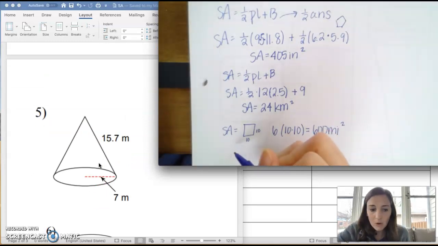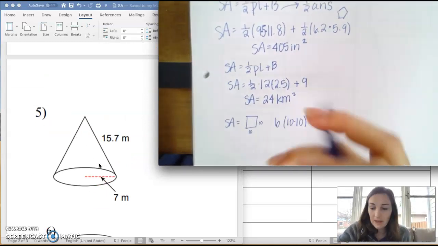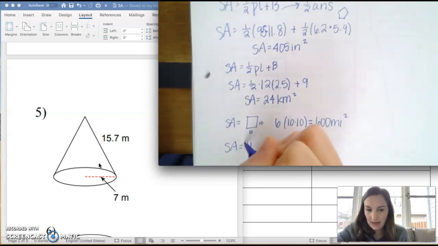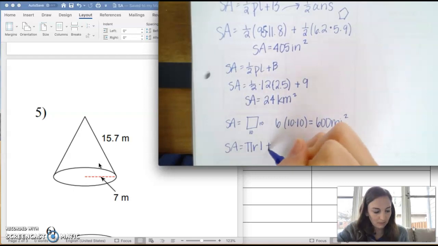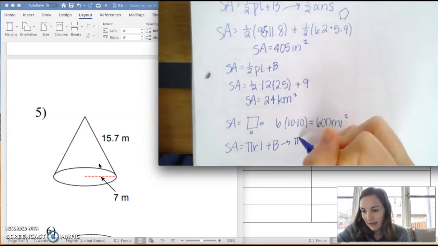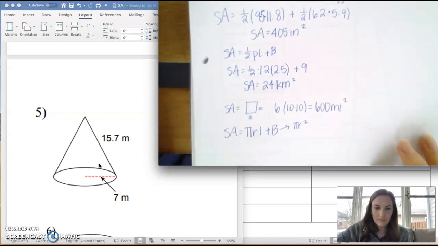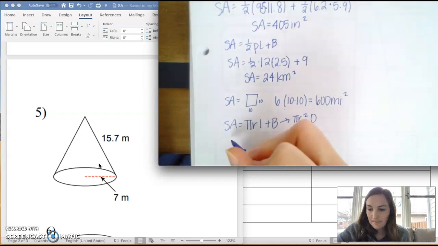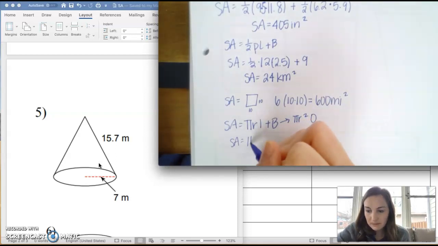So we have a cone, and for our cone, the surface area equals pi RL plus B. And since this is a circle, our base is pi r squared. So my surface area equals pi.